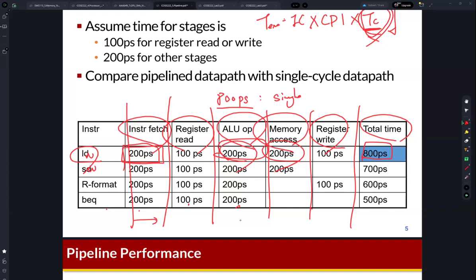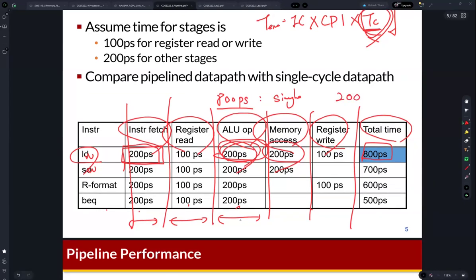I mentioned that the longest delay of a stage decides the clock period, right? So in this case, the longest delay is 200 picoseconds, so we can assume that the clock period of the pipeline processor is 200 picoseconds.